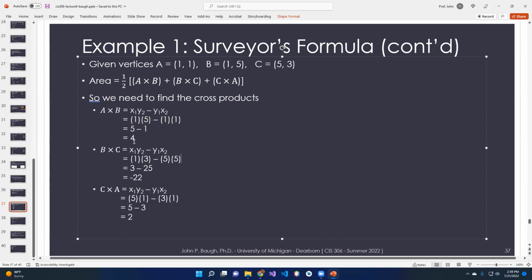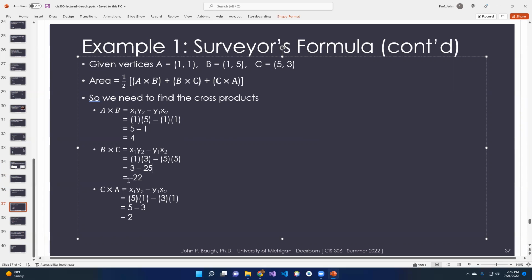And then you end up with B by C. So that is 1 by 3. We know that the x values are coming from B, which should be (1, 5), right? And then x2, y2 should be (5, 3). Okay, good. So you end up with 3 minus 25.